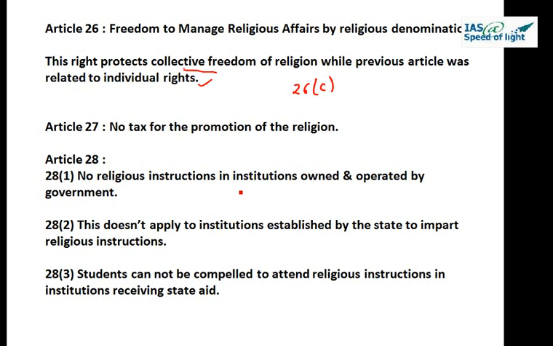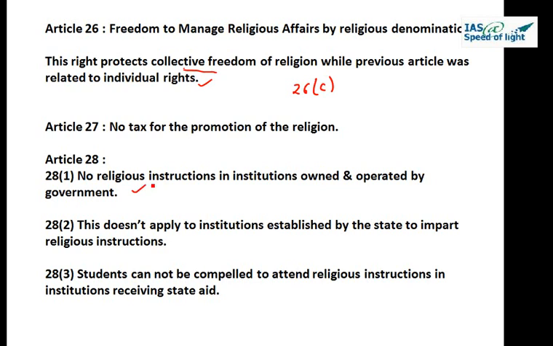Its first part says no religious instruction shall be provided in any educational institute wholly maintained out of state funds. So they are talking about institutions wholly managed by the state government, so no religious instruction in institutions owned and operated by the government.